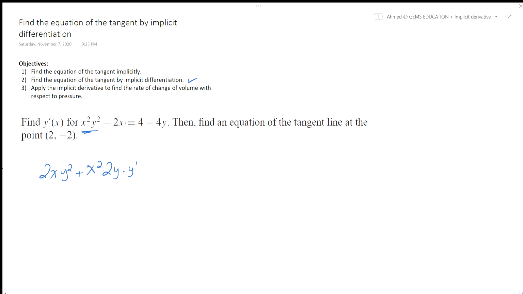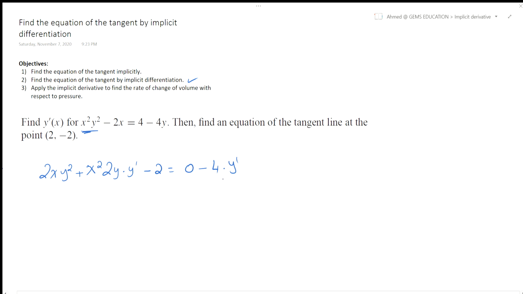Now the derivative of negative 2x is just negative 2, equal to the derivative of 4, which is 0. The derivative of negative 4y is negative 4, and we multiply by the derivative of y, or y prime in that case. The second step is we move everything that has a factor of y prime to one side and everything else to the other side.